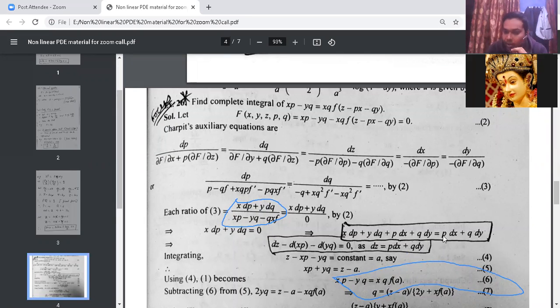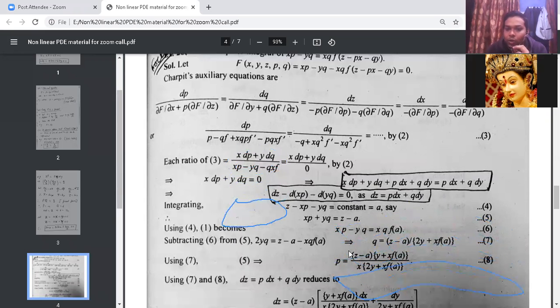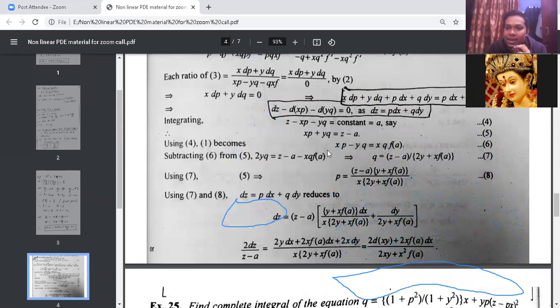They wrote the RHS, p dx plus q dy, as dz, and then tried to solve it. dz minus d(xp) minus d(yq) equal to 0, that is z minus px minus qy equal to some constant, let's say a. So they have got px plus qy equal to z minus a.